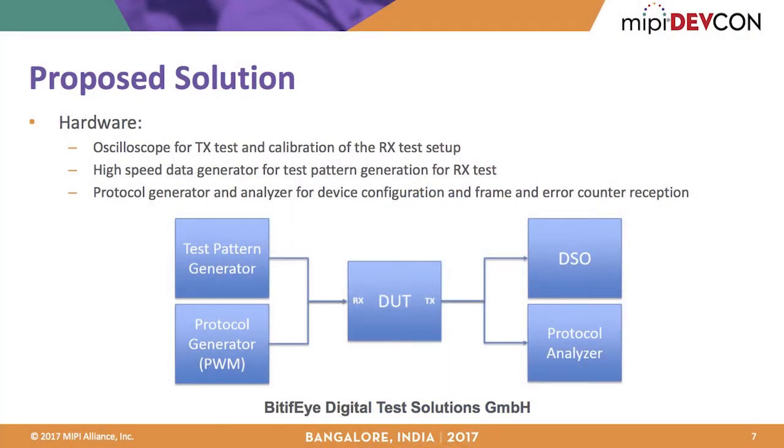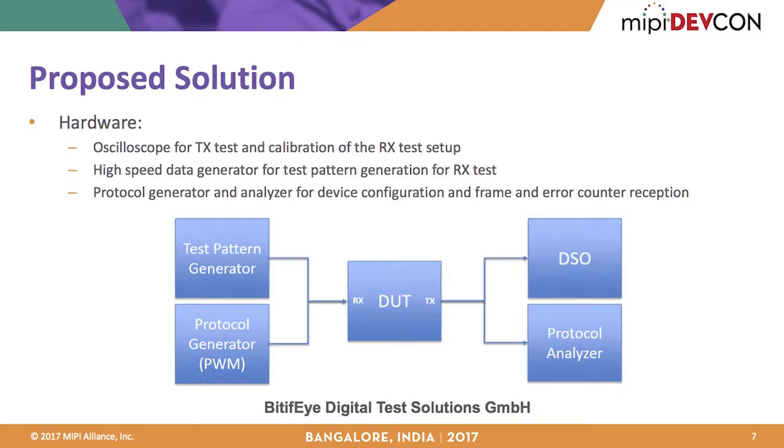For the hardware, we're using a scope for the TX test and the calibration of the RX. We have a BERT standing there for the test pattern generation for the RX test. And we have a protocol generator and analyzer which was developed by BitifEye for the device configuration and for the frame error counters.